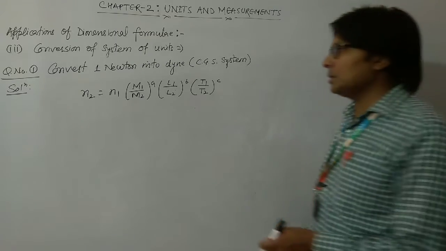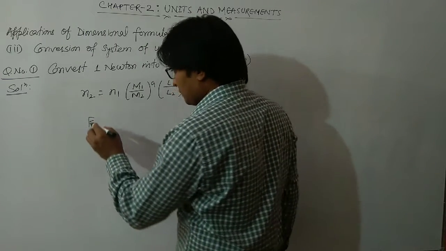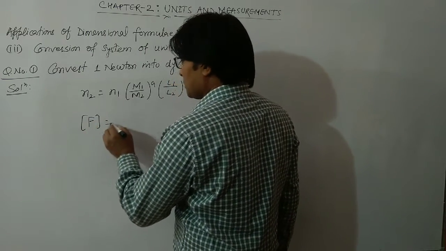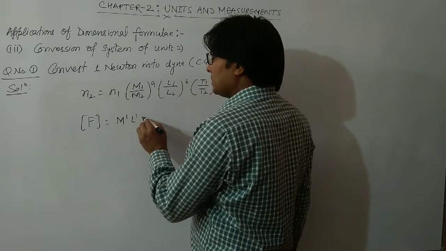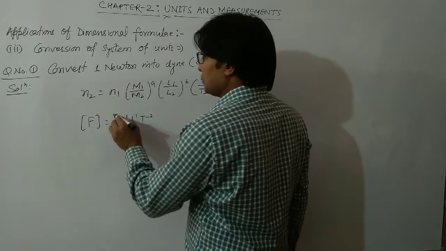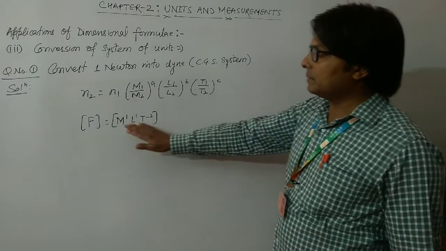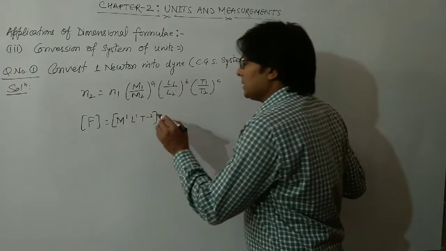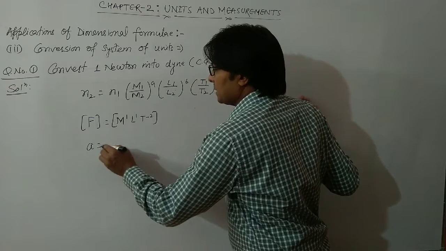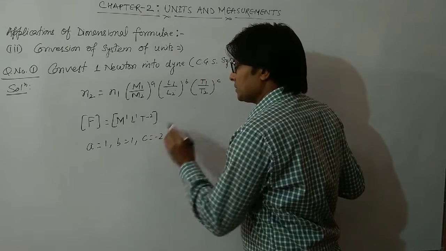What is that physical quantity? Force. So we will write down the dimensional formula of force: F is equal to M^1 L^1 T^-2. By comparing the powers of M, L, T, we can write that the value of A is 1, B is 1, and C is minus 2.